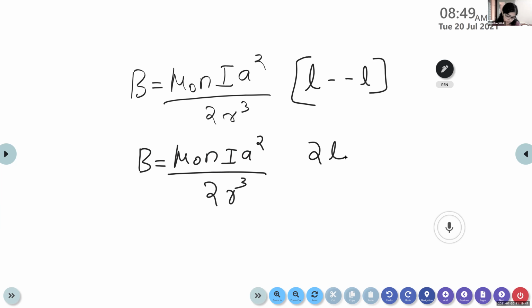So mu 0 n I a square divided by 2r cube into 2L.